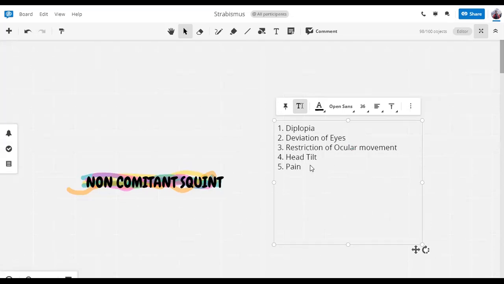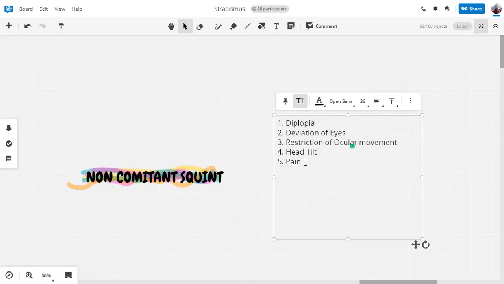Vertigo. Yes, because we have studied in physiology that in order to maintain position and upright posture, the eyes and the ears are necessary, along with the proprioceptors in our body.